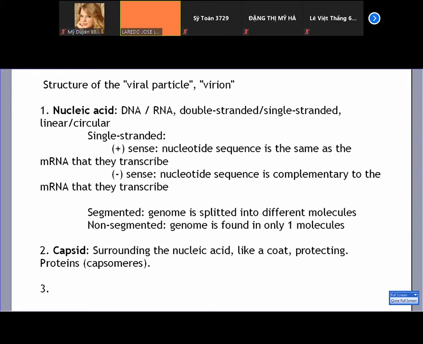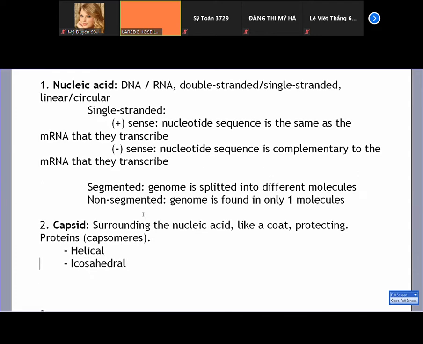I will show you later. This capsid may have different shapes, different symmetries. The most common are called helical or icosahedral. I will show you later. And others. The most common, helical or icosahedral.